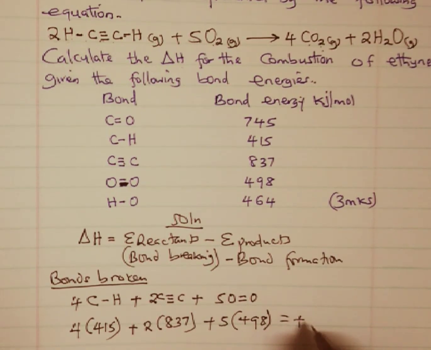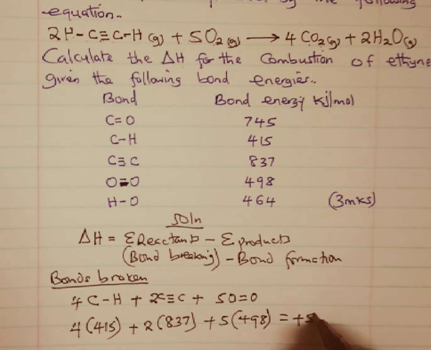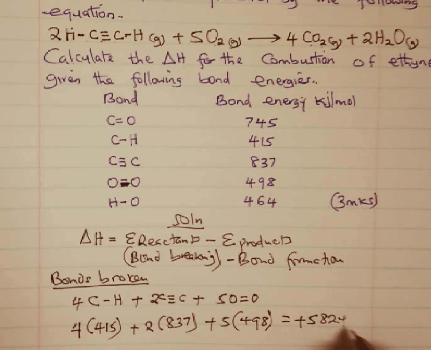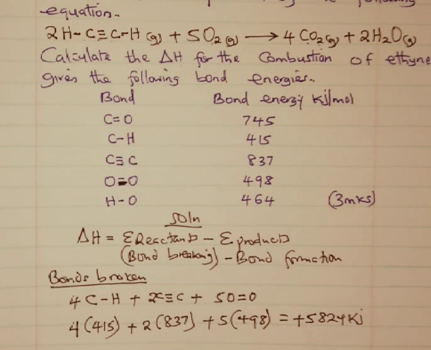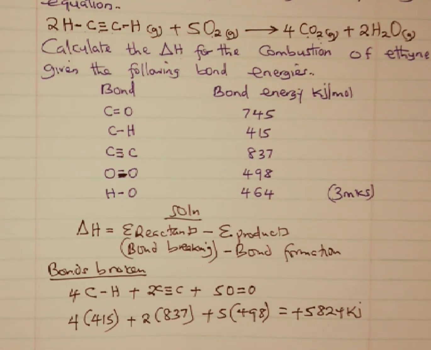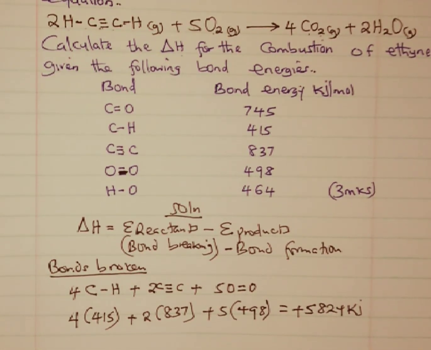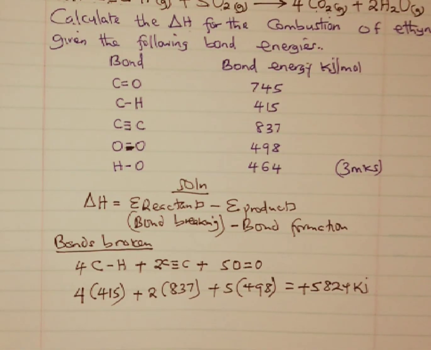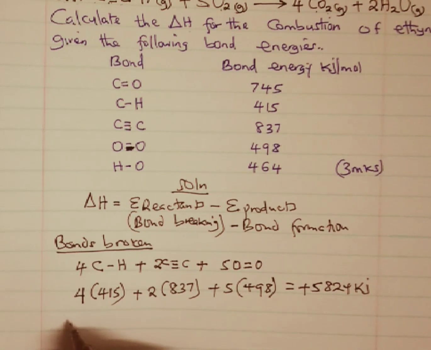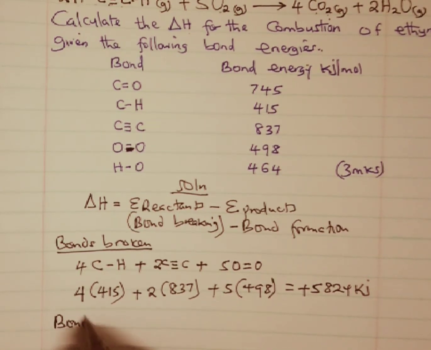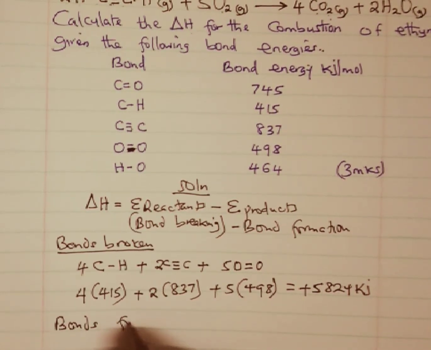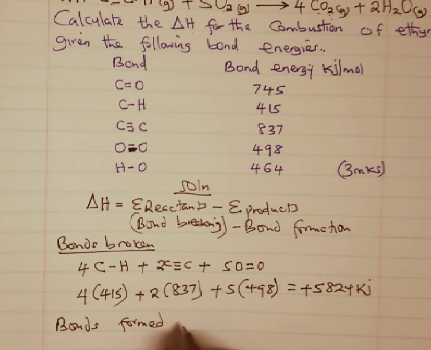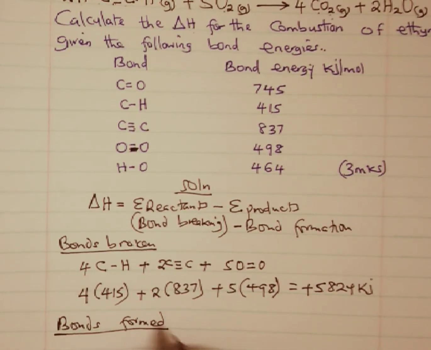This will give us positive 5824 kilojoules. We are giving it a positive because bond breaking is an endothermic process, and therefore the overall heat change will be positive.